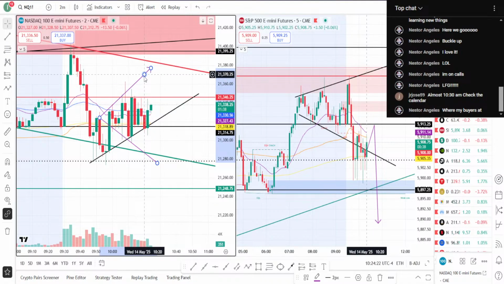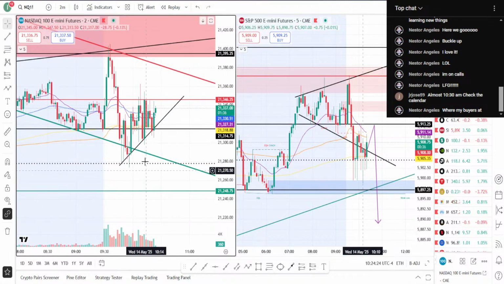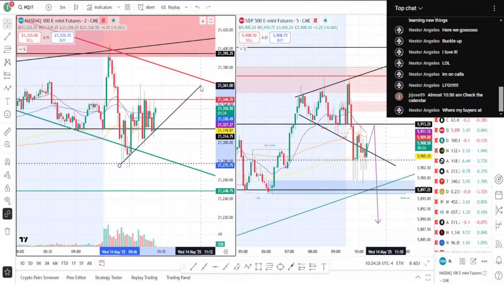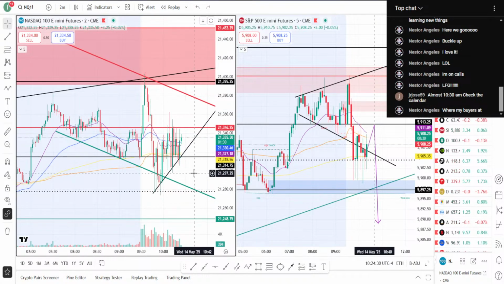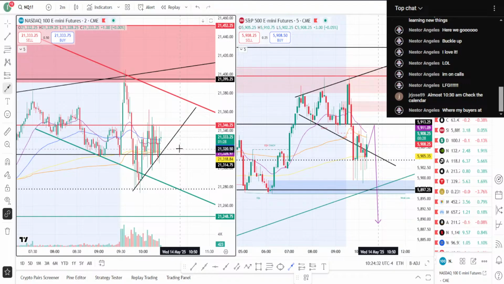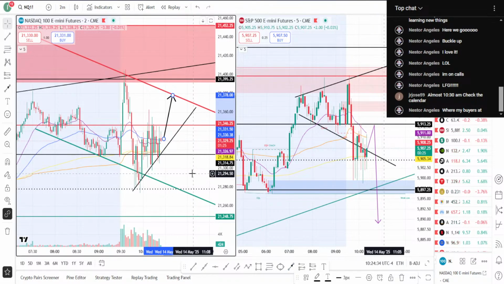So wait for this. Yeah, if we break this support line here, I'll go short. Otherwise, this could be going up here next.